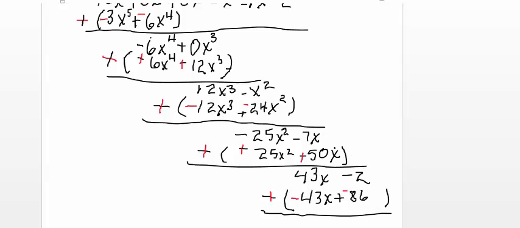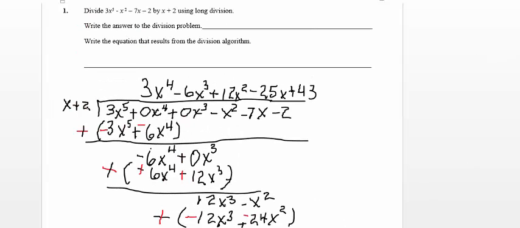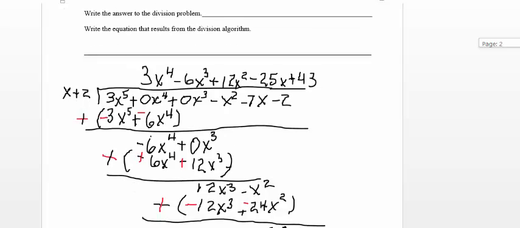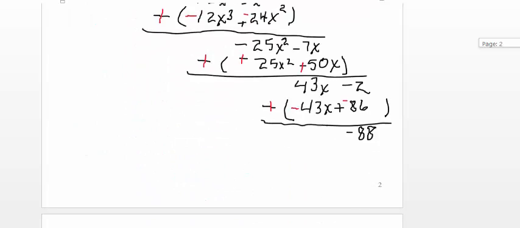There shouldn't have been an x there. Change the subtraction to addition, and the result when I add is negative 88. And I am now finished.